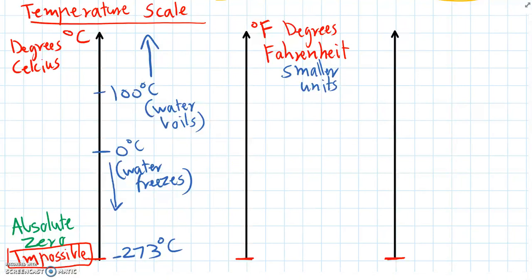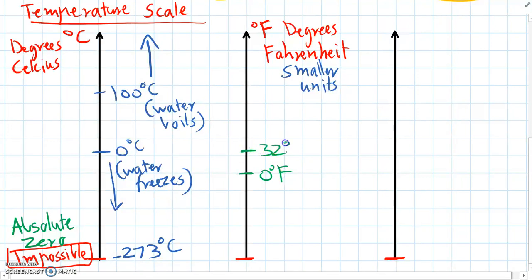If we start comparing them, we can see that 0 degrees Fahrenheit is actually lower than 0 degrees Celsius, and 32 degrees Fahrenheit is equal to 0. But when we get all the way up to 100 degrees Celsius, we've got up to 212 degrees on the Fahrenheit scale.